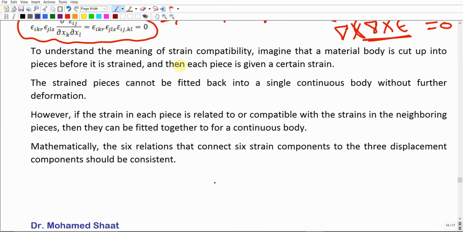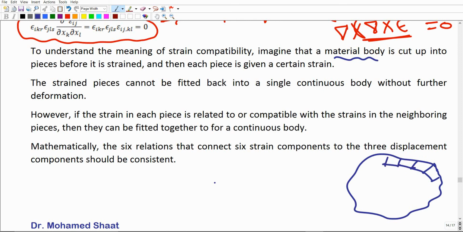So to explain strain compatibility, let us consider that you have a material body, like any continuum body, whatever it is, like this one, for example. And let us say that we're going to break it down into some small boxes or small squares, lots of squares in this way, like you already work with in finite element, for example, right?